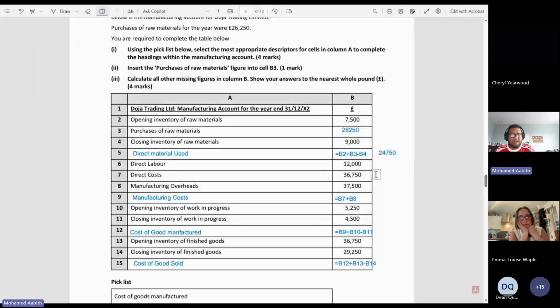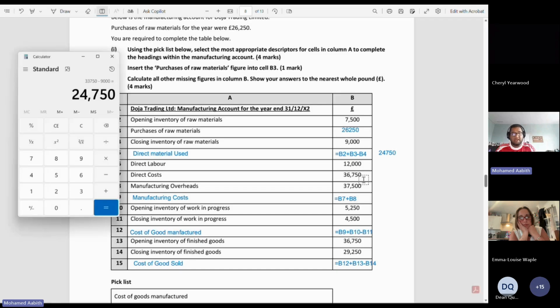But there's no harm done. If you haven't got that right, you could go in reverse. So 36,750 minus the direct labor should give me that same number again, 24,750. If you don't know how to work that out, you know this is the number they got it from. You can go in reverse.